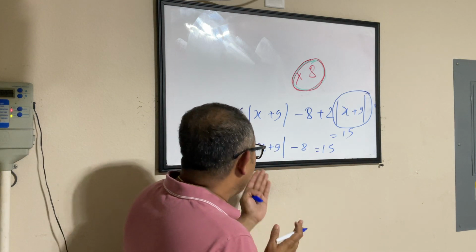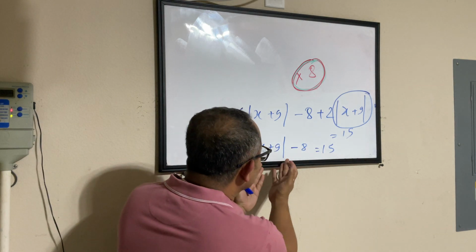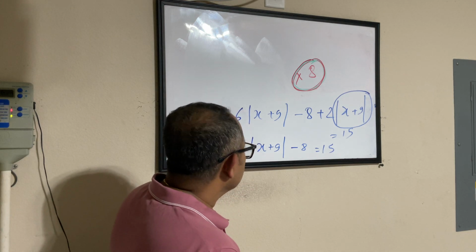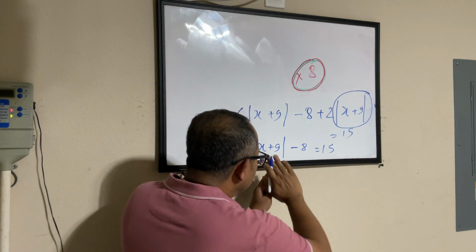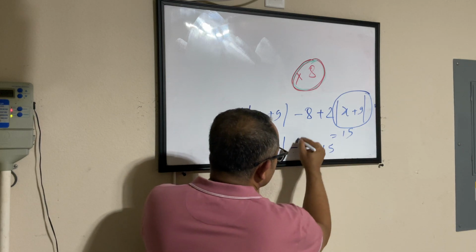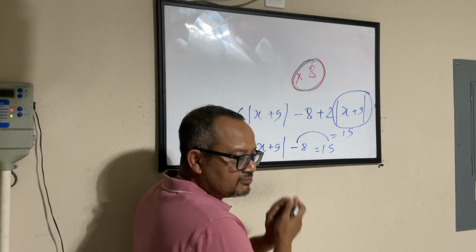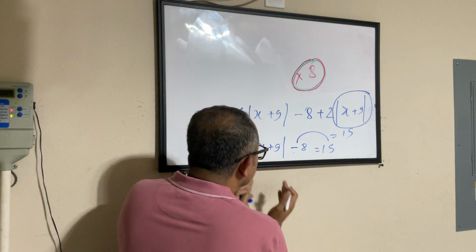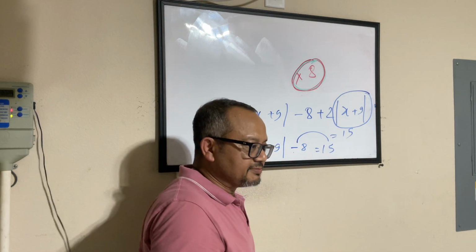Okay? And now you know that whenever I have a situation like this, let me get this guy to the other side of the wall. So I have 15, this goes to the other side, becomes 15 plus 8, 23. So 8 times this equal to 23.